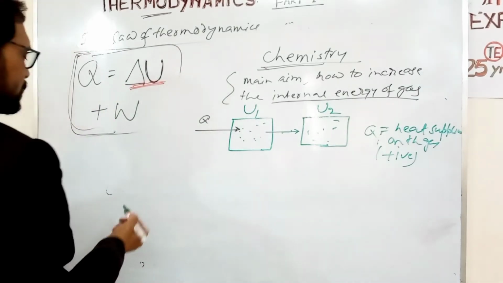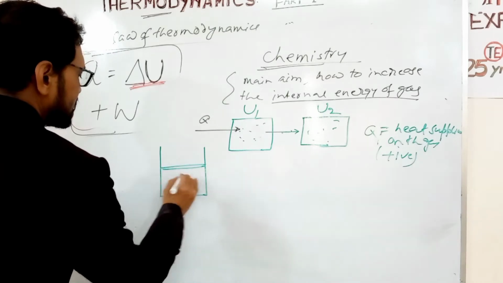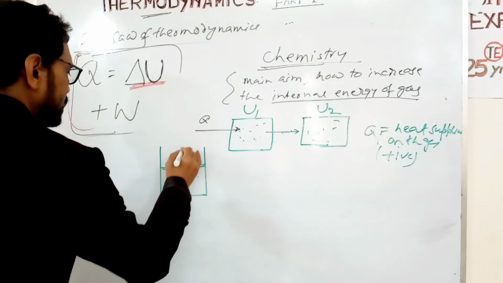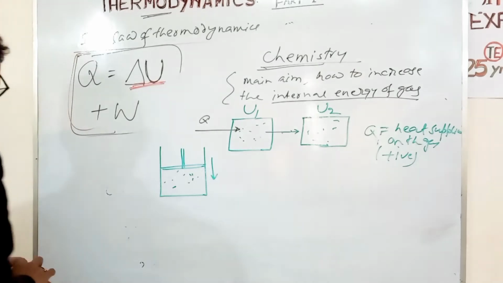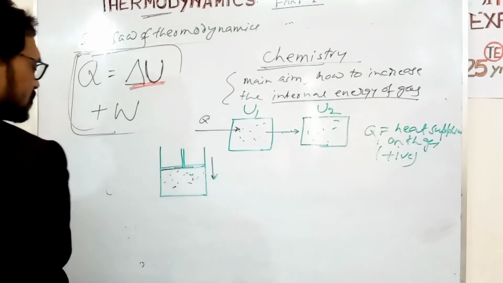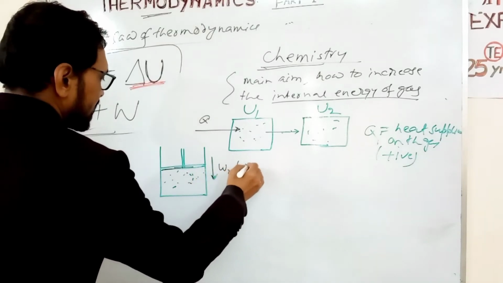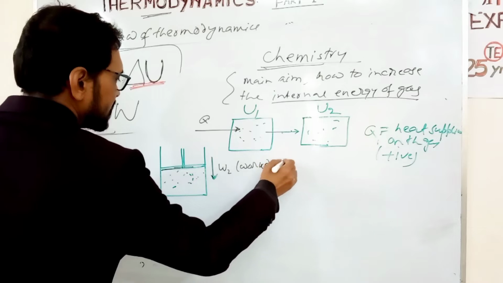Now for pressure, suppose this is a gas and we compress the gas through the piston. So the work done on the system, W, is work done on the system.